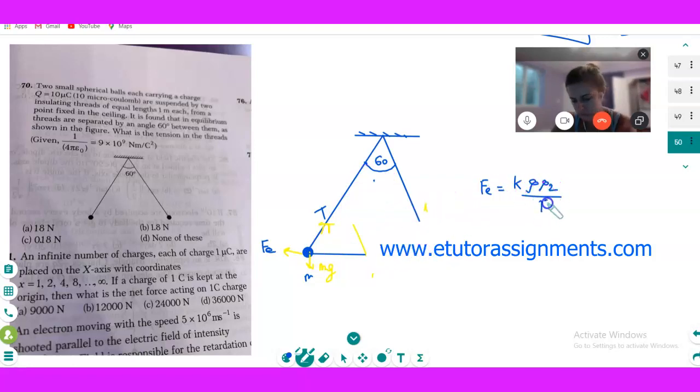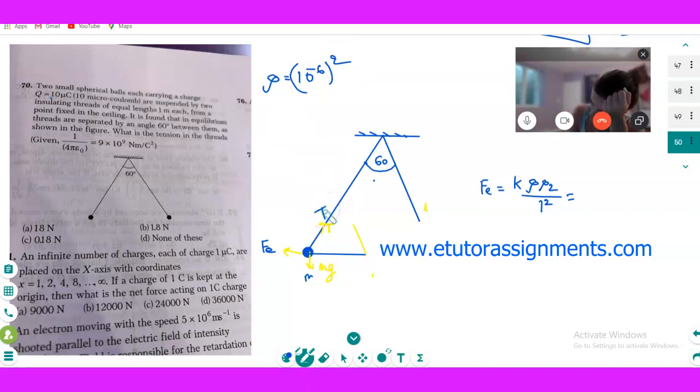Please calculate the force. Q, how much will you take? K is 9 times 10 to the power 9. Q is 10 times 10 to the power minus 6, squared, so two times, and divide by 1.